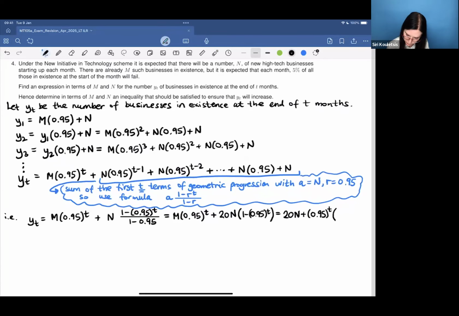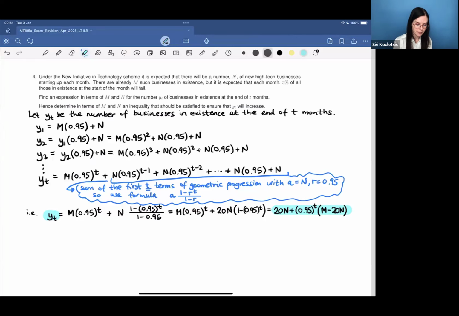And then 0.95 to the t multiplies m, and then there's a minus sign there, minus 20n. So this here is our expression for yt. So that's part 1 done.